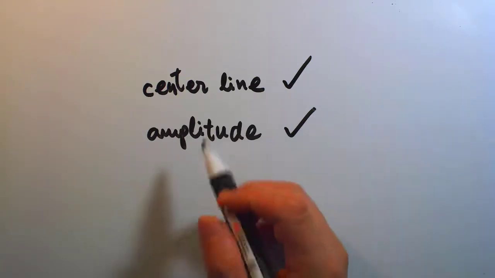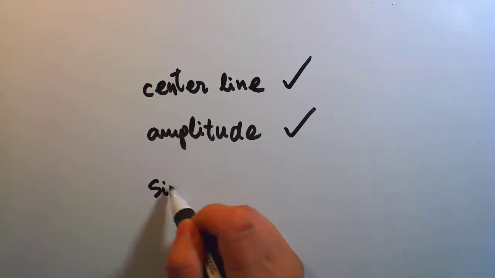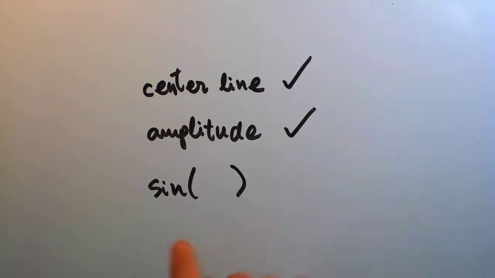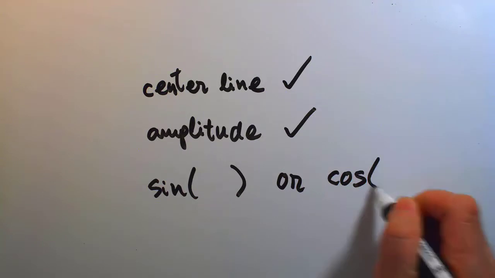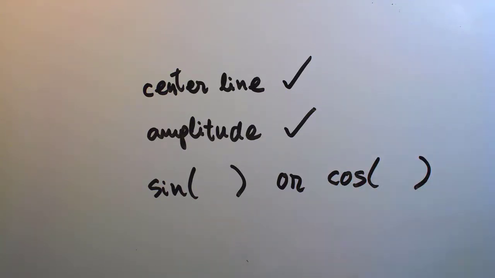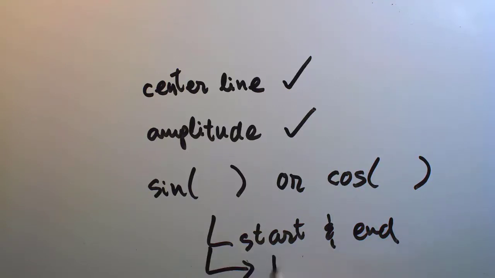Then, after identifying the centerline and the amplitude, the next step is to decide whether we want the function as a sine function or a cosine function, based on the start and the end of our base unit. And this is also where we can recognize the period. So along the way, we can also recognize the period. And that's how we can formulate our function.